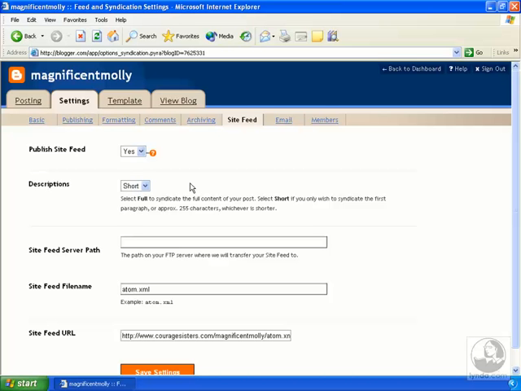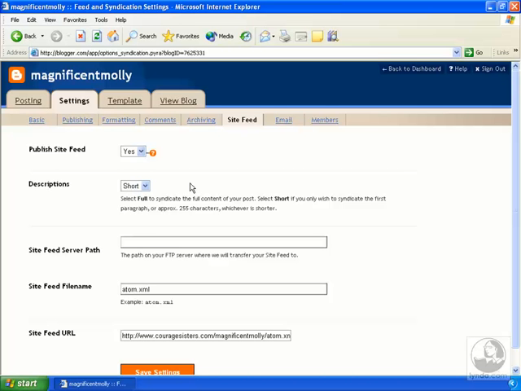So again, the recommendation here is to go for the short version, not the full version. And modern thinkers are really encouraging that right now. As I mentioned, site feeds in general are in a state of flux. And using the short option has many advantages, both because you're using the syndication as a means of drawing people to your blog, which is really the place you want to bring them, and reducing overhead on servers.